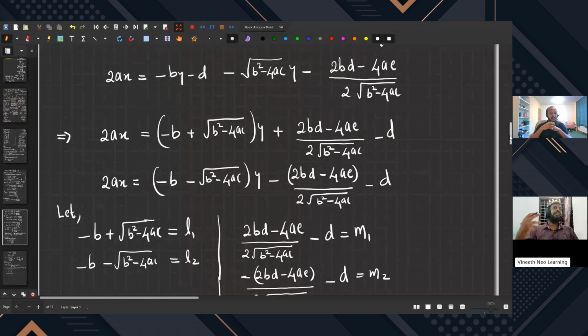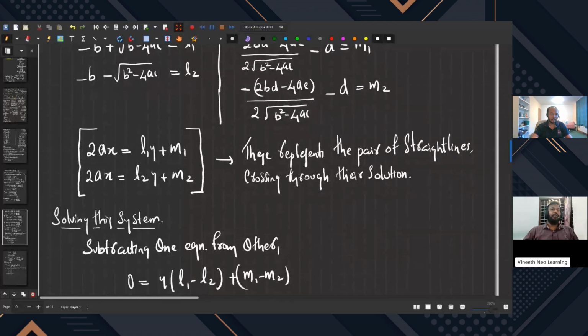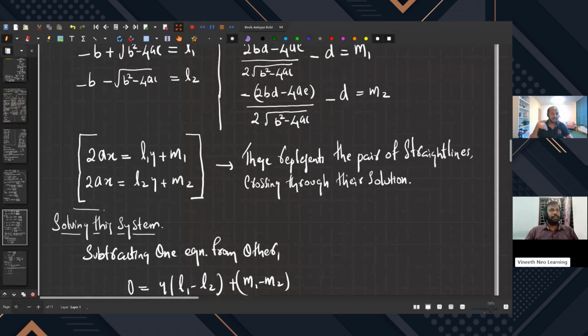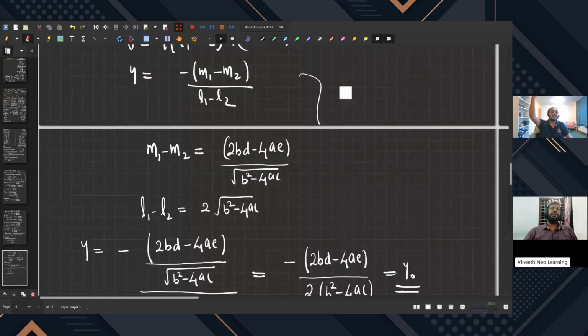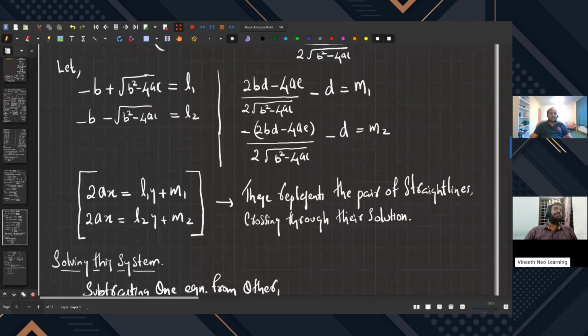But how can we deduce the conic is a pair of straight lines? No, once you establish that it is a pair of straight lines, once you have arrived at this system, then instead of solving these steps, we can just substitute x and y naught and find it.